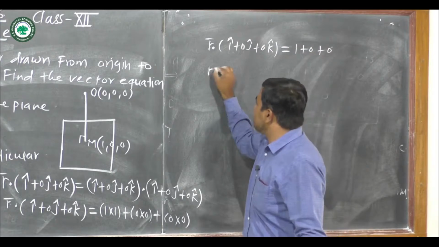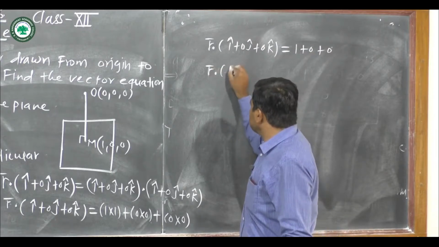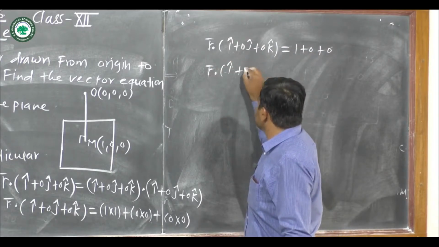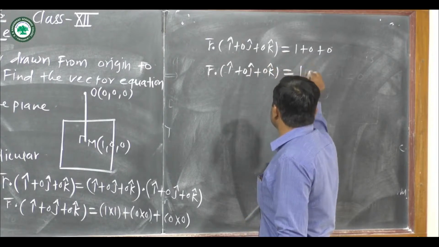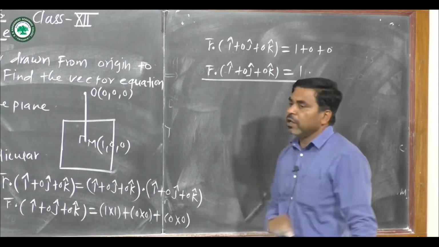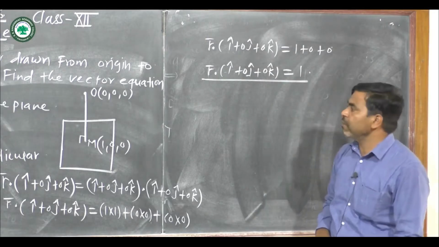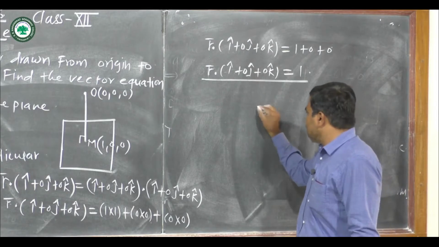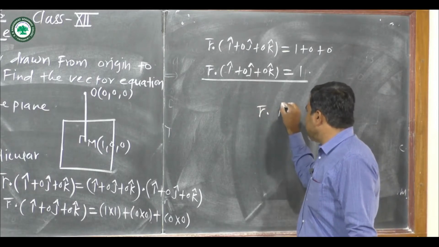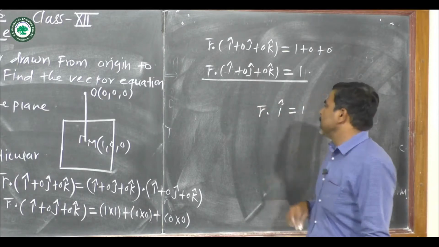So therefore it is R bar dot I cap plus 0 J cap plus 0 K cap is equal to 1, and this is the required vector equation of plane. Or if you don't want to write this, you can write it as R bar dot I cap is equal to 1, simply like this.